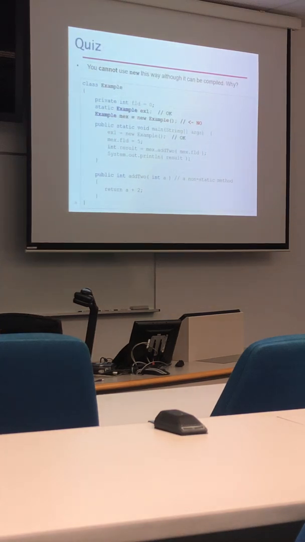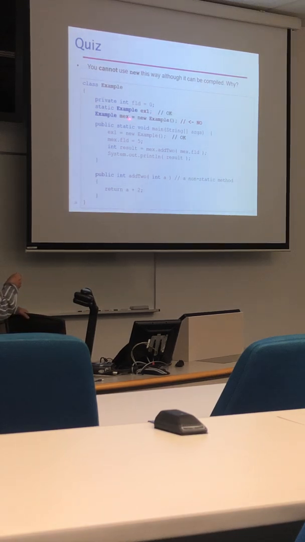Now, you cannot use new this way, although it can be compiled. Let's say, for example, you declare a static object, ex1, of the class Example. Currently, ex1 is not yet defined.